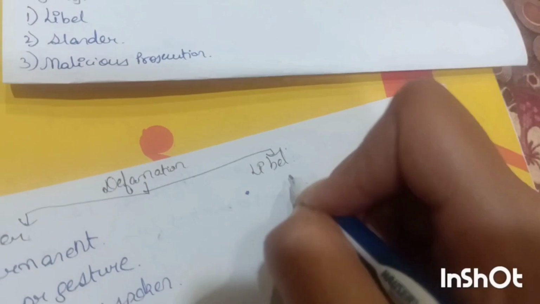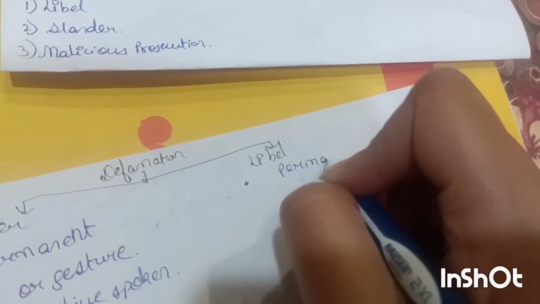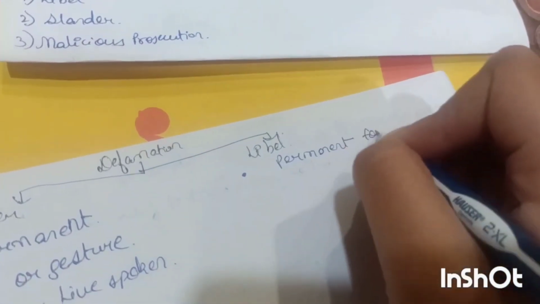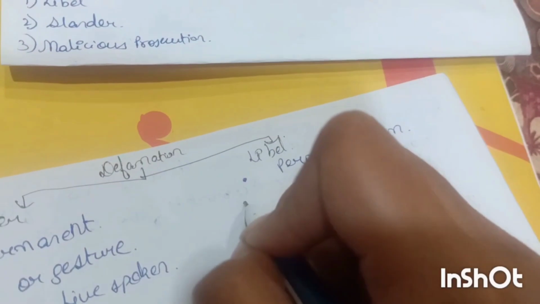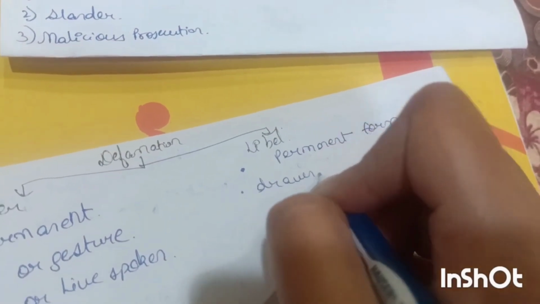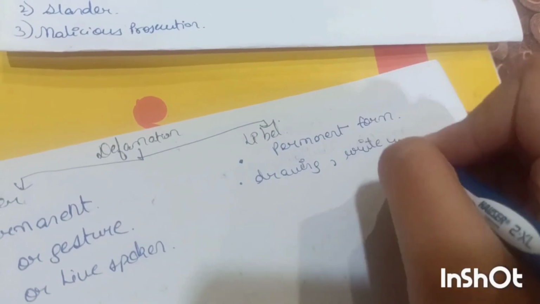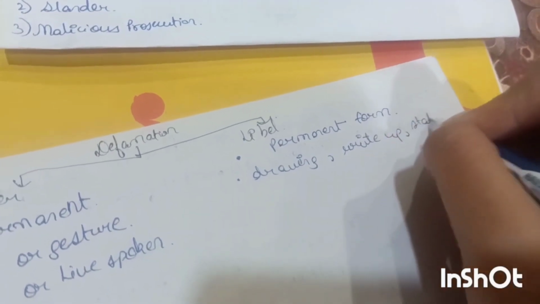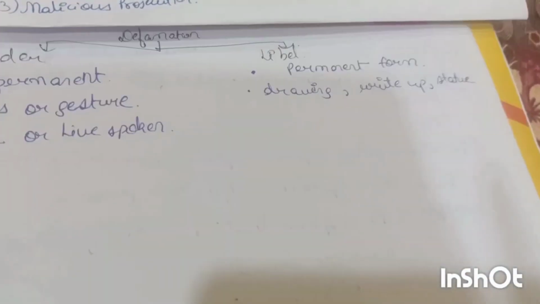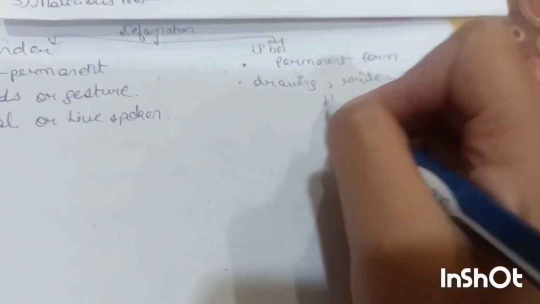And libel is in permanent form, done through drawings, write-ups and statues. So they are in written form.